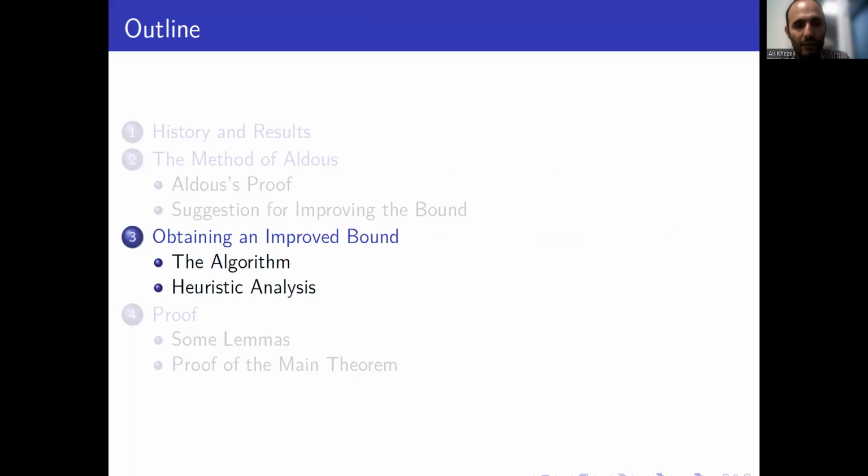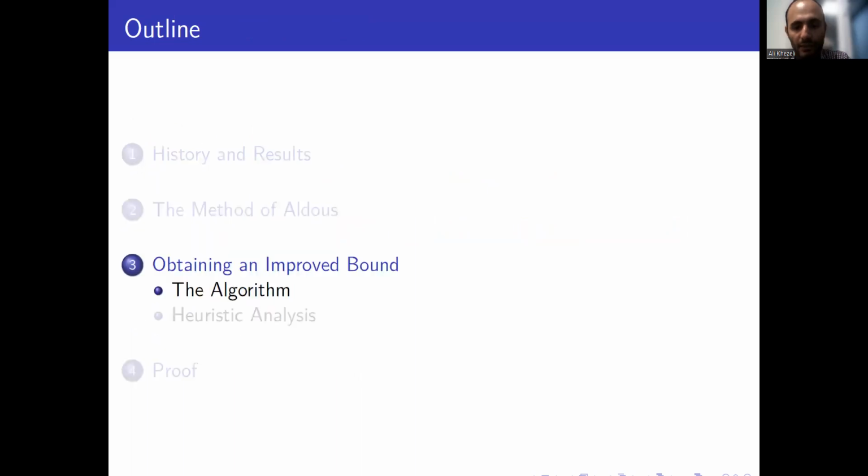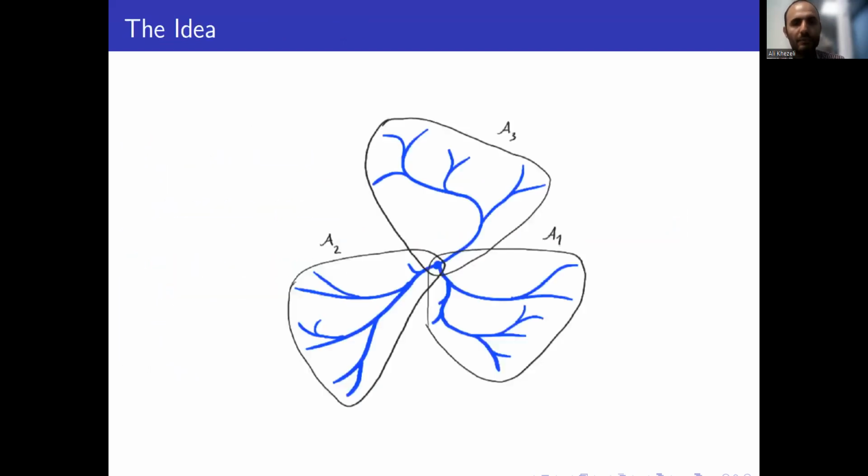Okay, now I explain my contribution, which is improving Aldous's algorithm. So actually, I have modified Aldous's algorithm and then analyzed the modified algorithm. So let me say the idea of modification. Recall that if we start with a tree which has no special leaf, then if we split it at the centroid, we obtain 3 branches, but the branches have 1 special leaf.